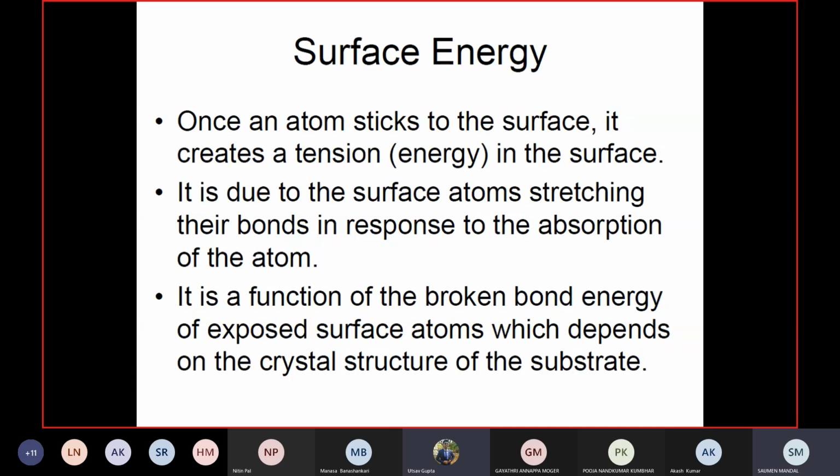Yeah, correct. But if you say it in an easier manner, it is resistance to surface deformation. Surface tension is nothing but resistance to surface deformation. So if I want to deform the surface, whatever resistance there is, that is the surface tension. Is it correct or not?